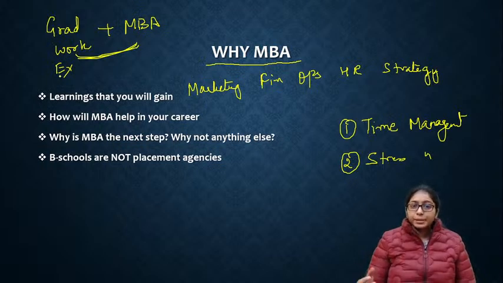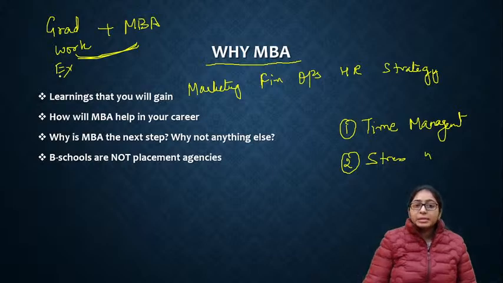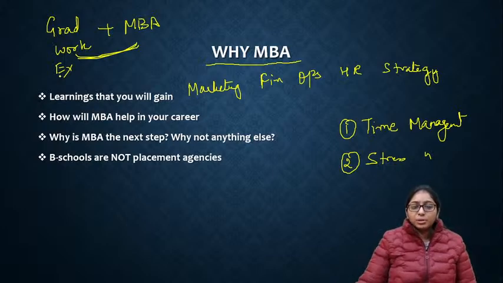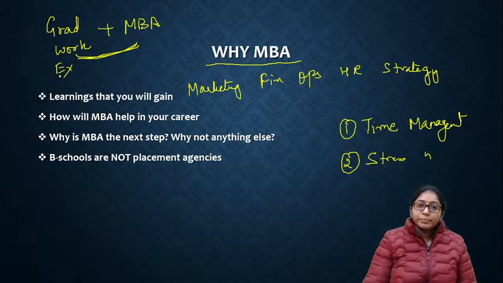Okay, now they might also ask why is MBA your next step, why not anything else. Now suppose you have done physics honors and you want to go and do an MBA, so you need to connect it well. Why you want to do MBA after physics honors? What is it that you feel you have missed out?